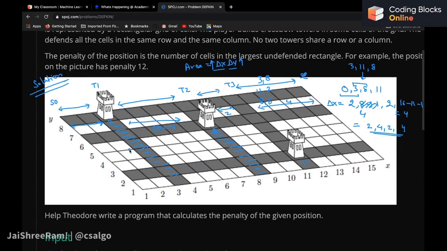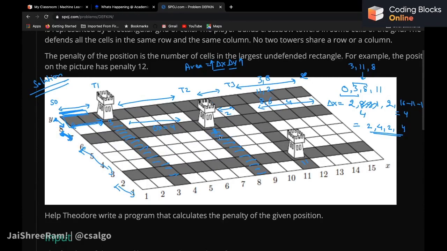Now we also know that on every strip, on every delta x, we will have multiple delta y's. The first delta y is between tower T1 and this strip, which has a strip length of 0. Then you have another delta y, and another delta y, and another delta y.